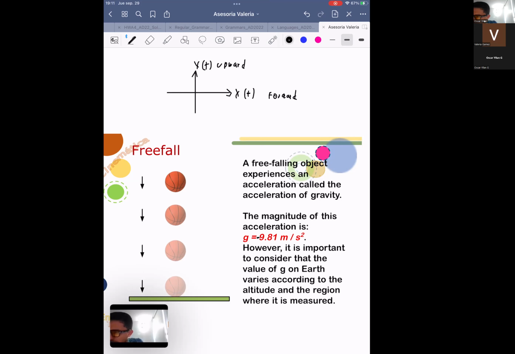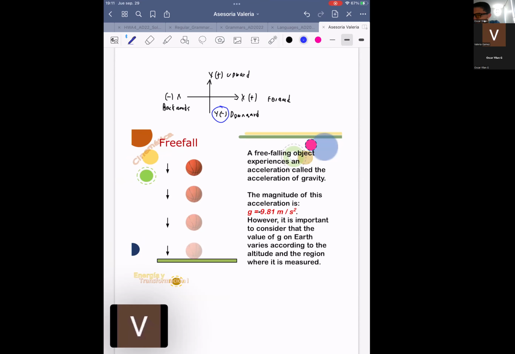Remember y is negative when we are talking downward, and x is negative when we are talking backward. That's really important because if they ask you that the velocity of an object is going down, you know the y component is going to be negative, right?